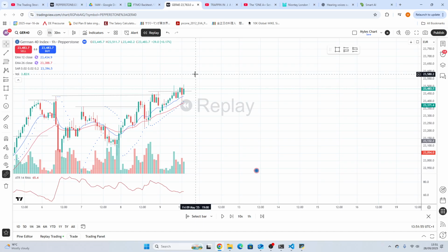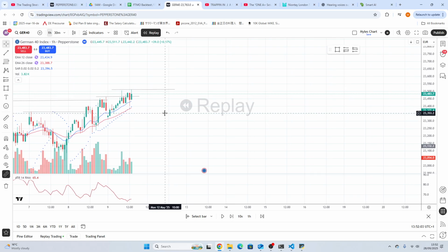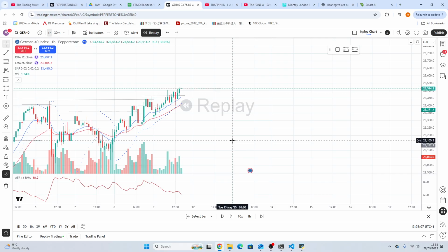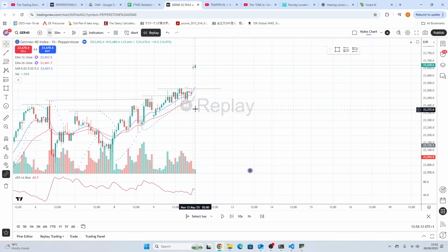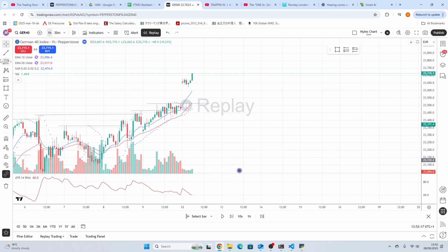Power user. Oh man. Yup. Where are we going? Wow. So we were definitely going up. It just gapped up. Look at that gap.